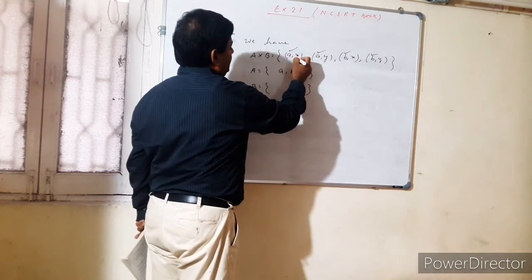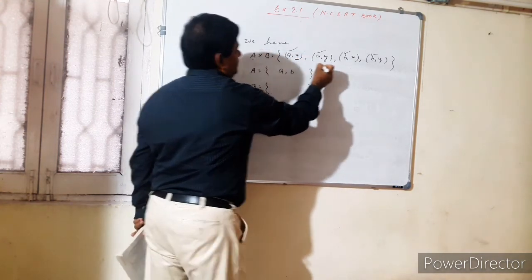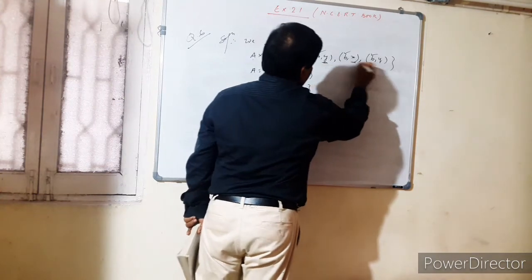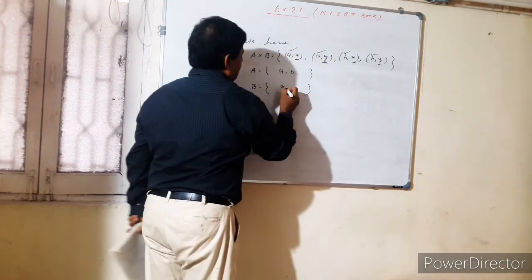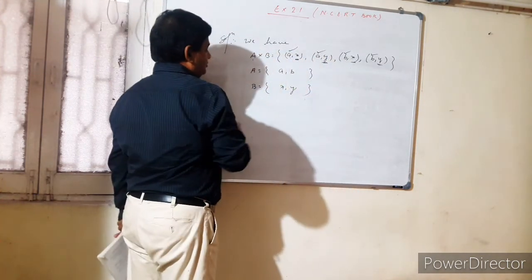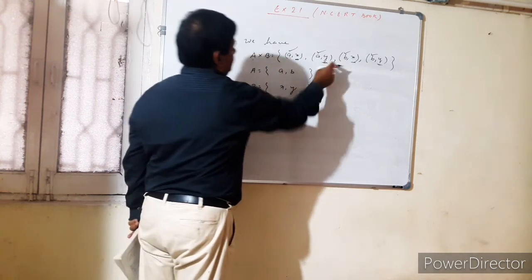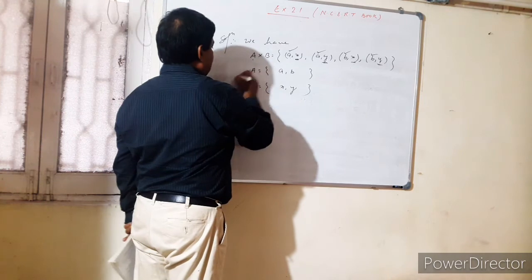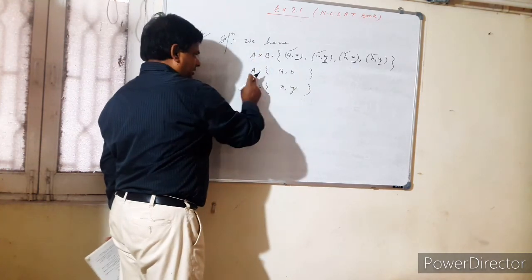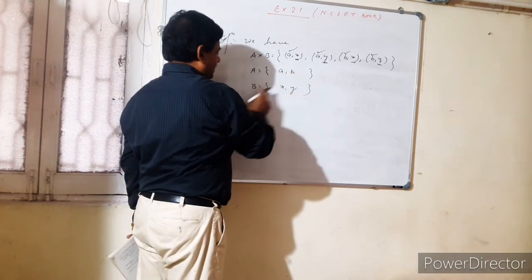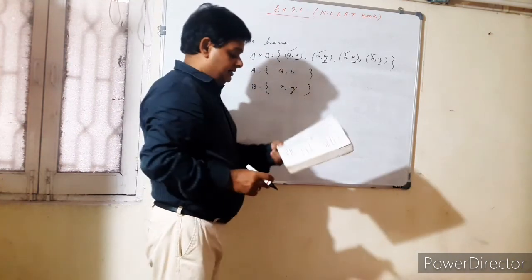Second component is here X, Y, X, Y. So it means set B is XY. So when you will multiply A cross B, you will get this one.